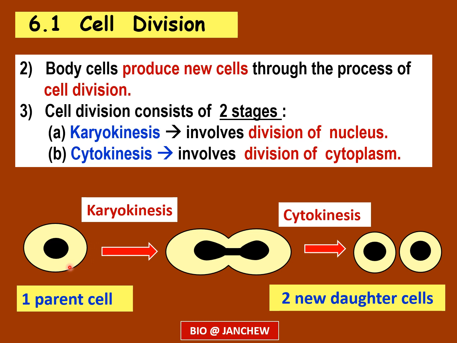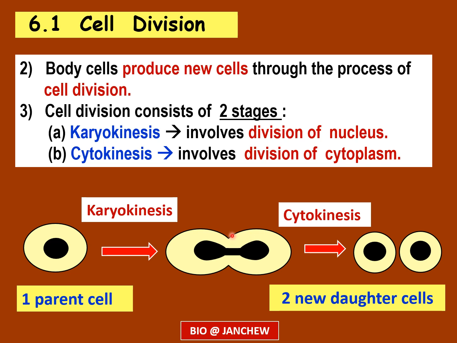Here is a parent cell, for example, a skin cell, or it could be the cell of a unicellular organism like amoeba species. So in the first stage, there will be the division of the nucleus or karyokinesis. Here we see the nucleus dividing to form two new nuclei, and this is followed by cytokinesis.